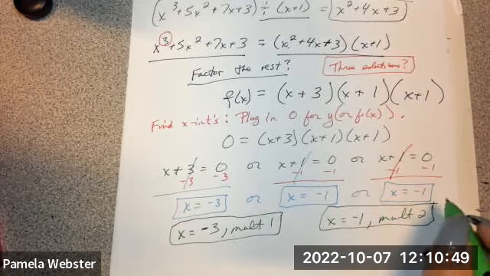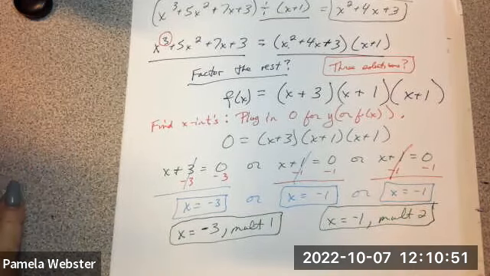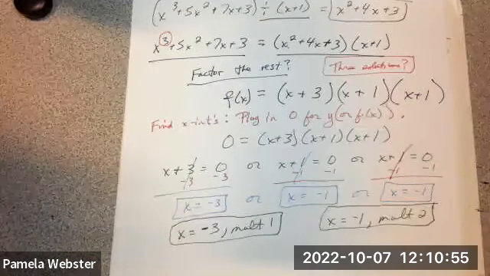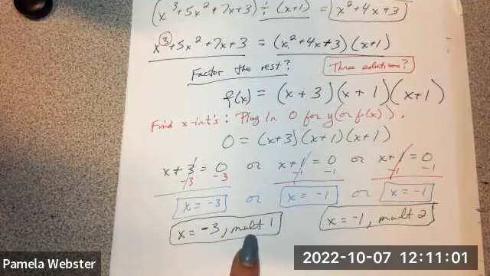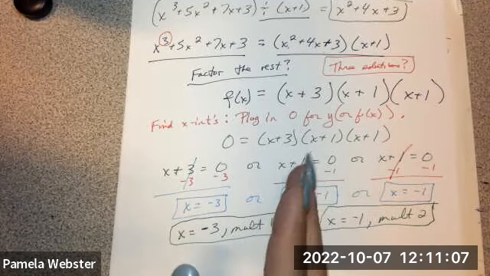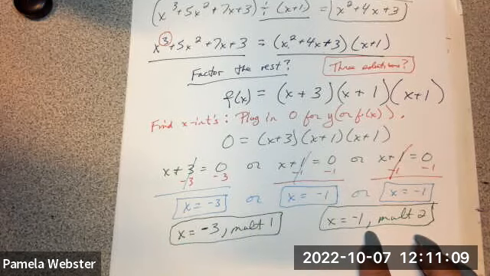Okay, so that means the solution happens twice, right? Multiplicity of 2. But remember what we said the other day. If we have a multiplicity of 1, when I go to graph this guy, I will have an x-intercept that just passes through.